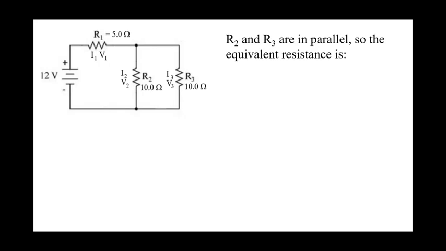All right, to come up with these solutions, the first thing to do is to look at the resistors R2 and R3. Those 2 resistors are in parallel. So let's find their equivalent parallel resistance.